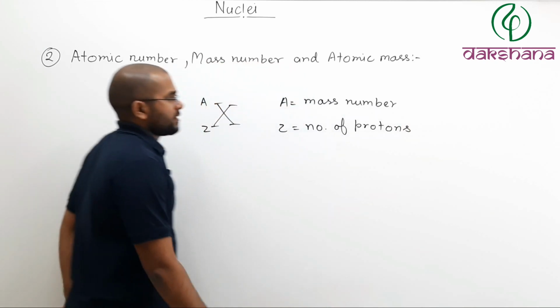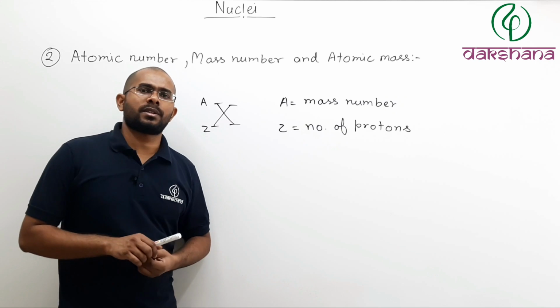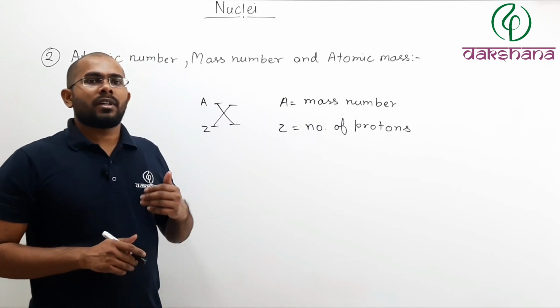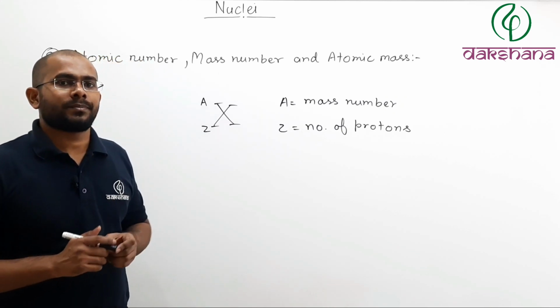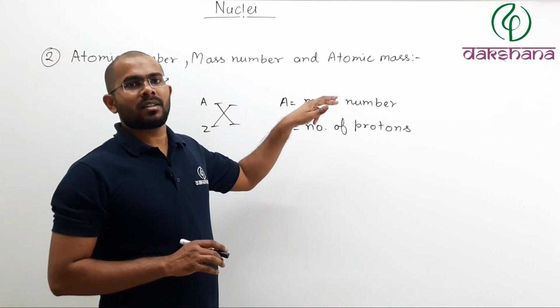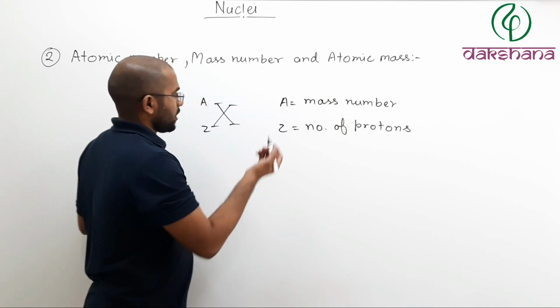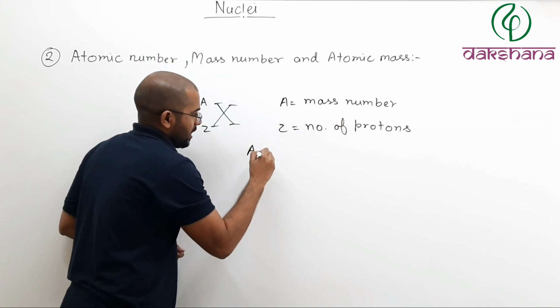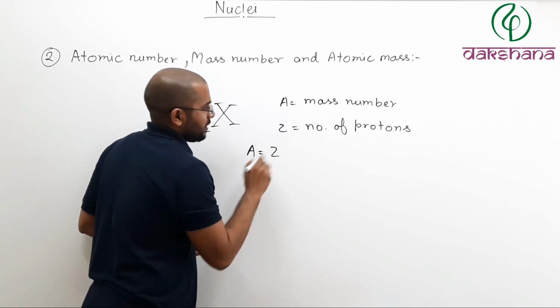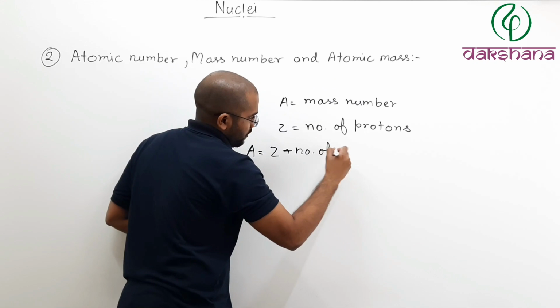Now if somebody asks, okay, I will give you mass number and number of protons, now tell me how many neutrons are there. Now you know that A is nothing but mass number, and what is mass number? Number of protons plus neutrons. So you will write, okay sir, A equals Z, number of protons plus number of neutrons.